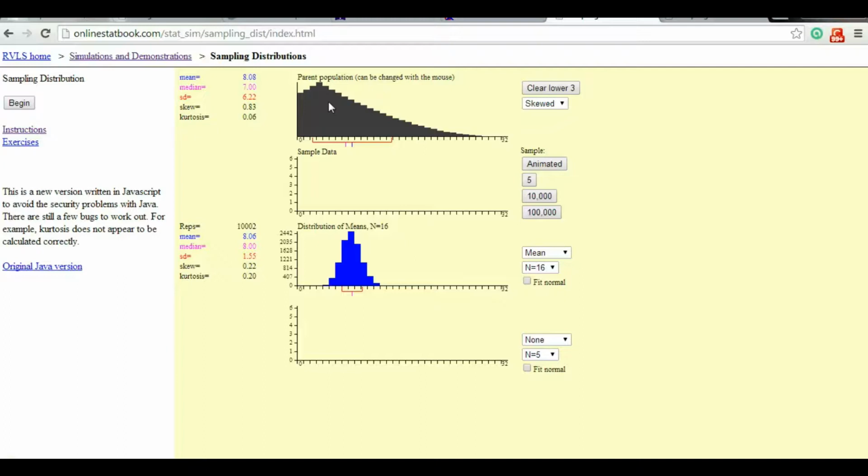A lot of times when you're doing sampling, you don't know what that distribution looks like that you're drawing your sample from. But what happened is, when we took small samples, when we did sample sizes of 2 and sample sizes of 5, we run the risk of winding up with a skewed distribution.